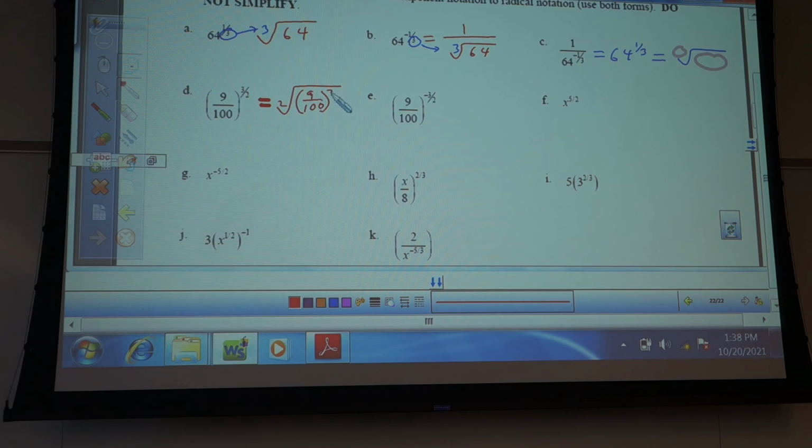And then a 3 here. Anybody do it that way? I did, but I didn't put the brackets, so you need the brackets? Yes, because if you don't have the brackets, then only the 9 is to the third power, not the 100. Do you know what I'm saying?